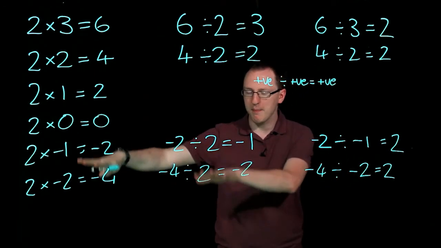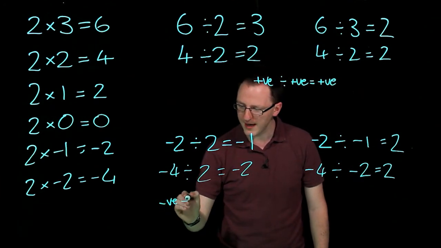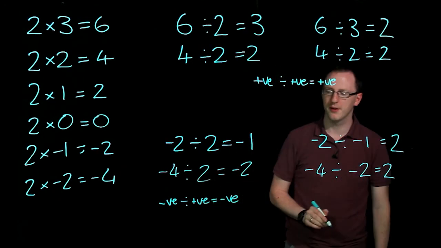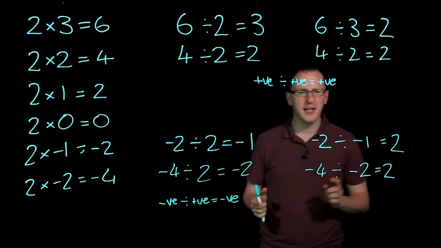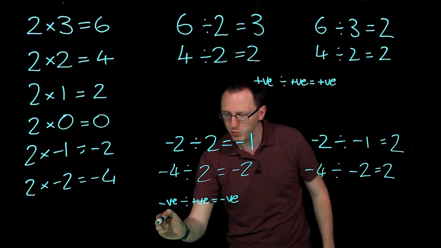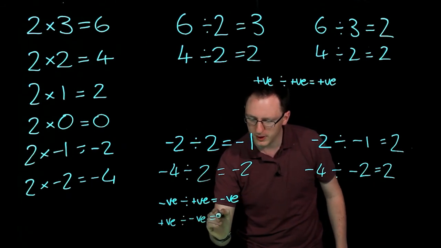And it seems like if that pattern continues, that's going to follow. So I'm going to say a negative divided by a positive is going to give me a negative. And because we're dealing with multiplying relationships here, it doesn't matter what order they're in, so I can swap that and say that a positive divided by a negative also equals a negative.